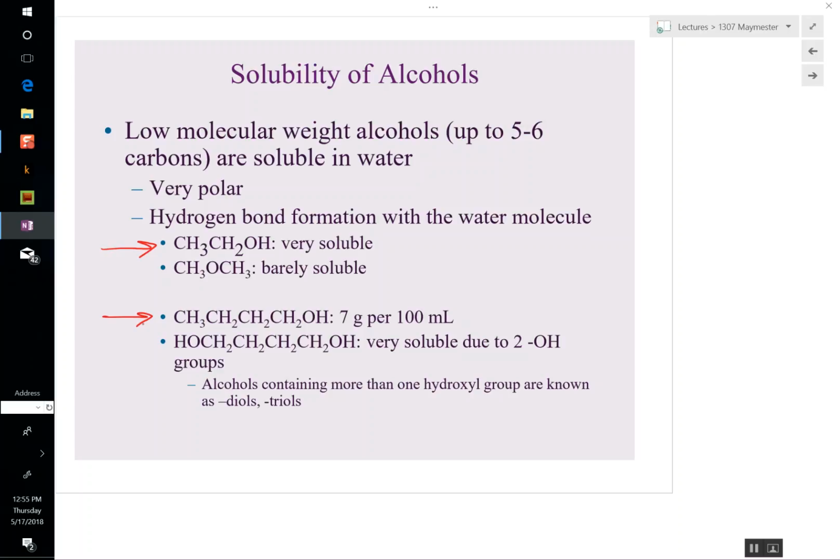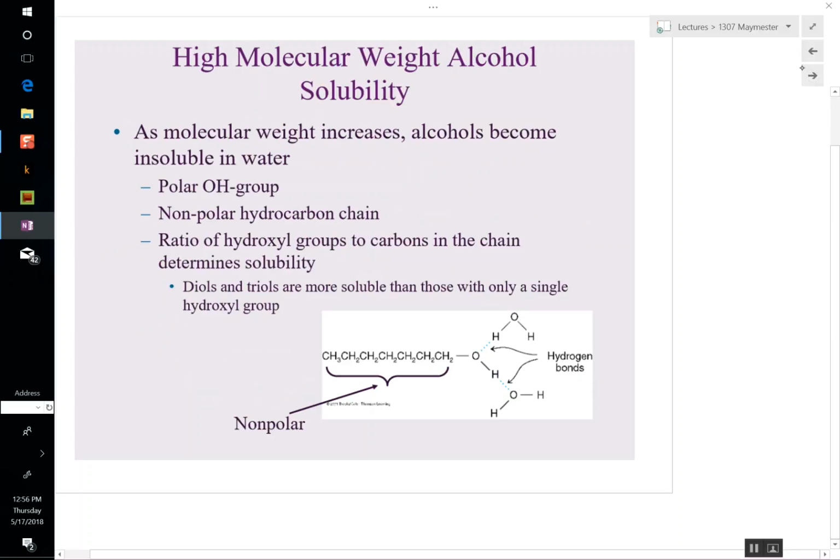You could put 90 grams of ethanol together with 10 grams of water and it'd be soluble in each other. You could put 10 grams of ethanol in 90 grams of water, be soluble. But this one here has 1, 2, 3, 4 carbons and an OH, and the solubility starts dropping off. Let's look at a graph of this.